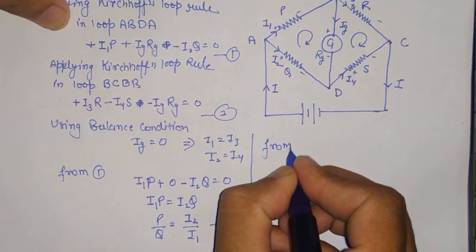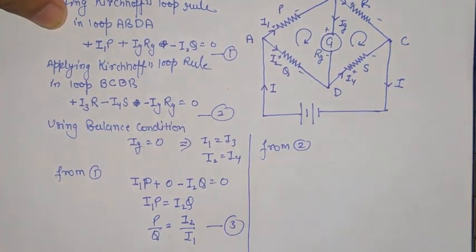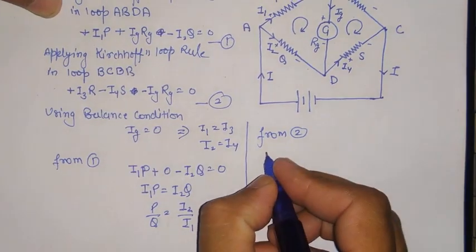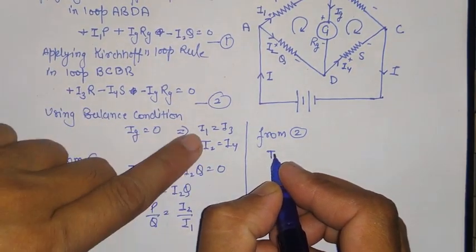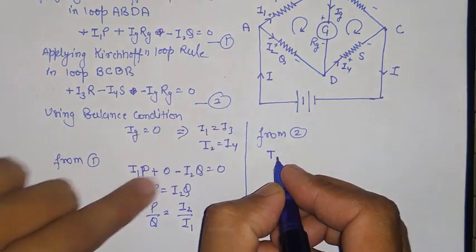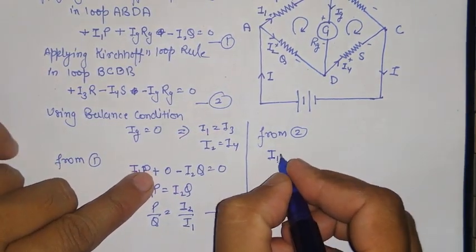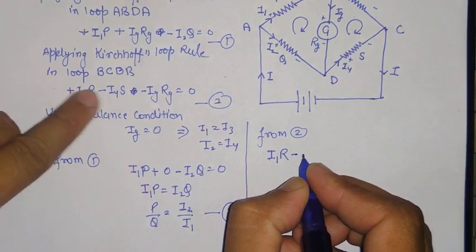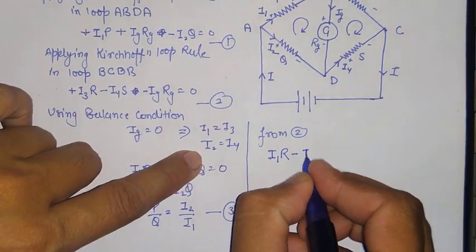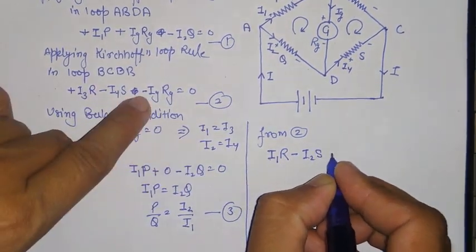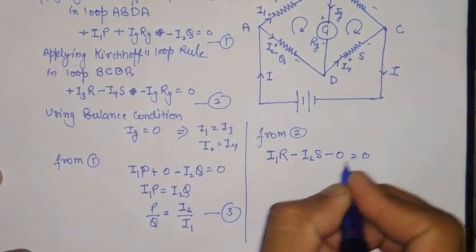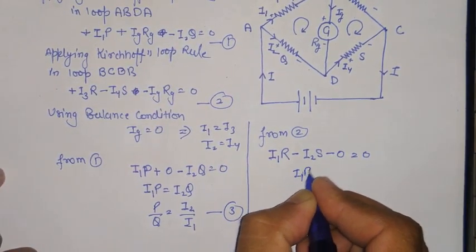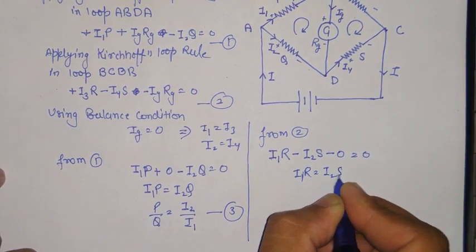From 2 we get I3 equal to I1. So we put here I1R minus I4S, and Ig becomes 0. Then I1R is equal to I2S.